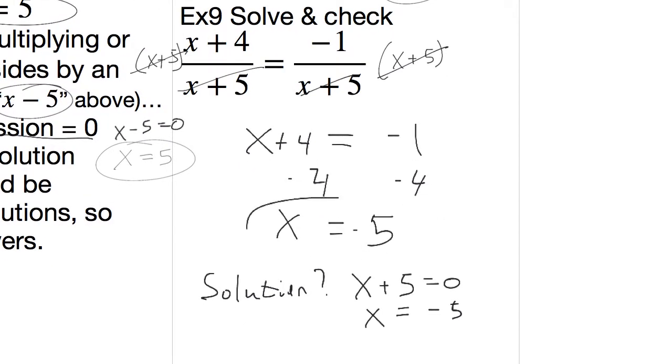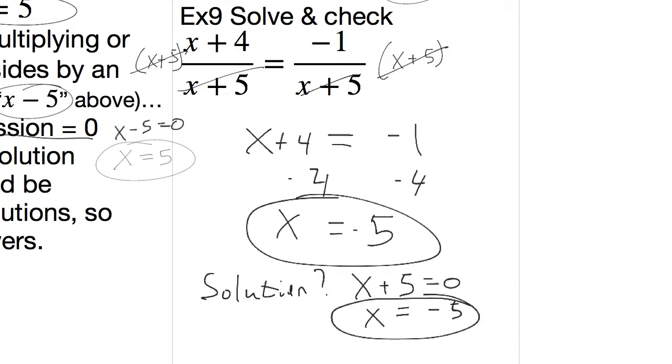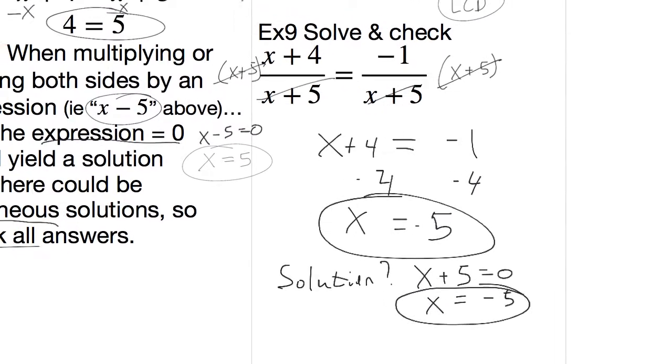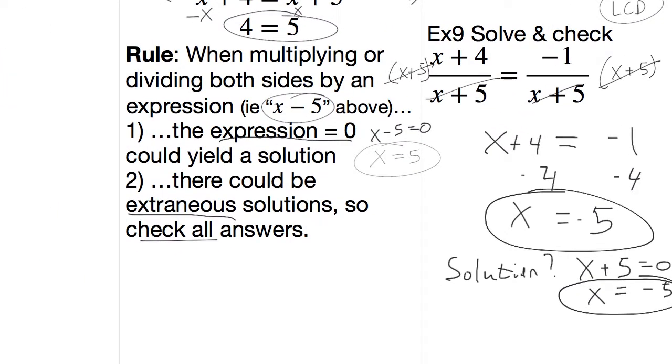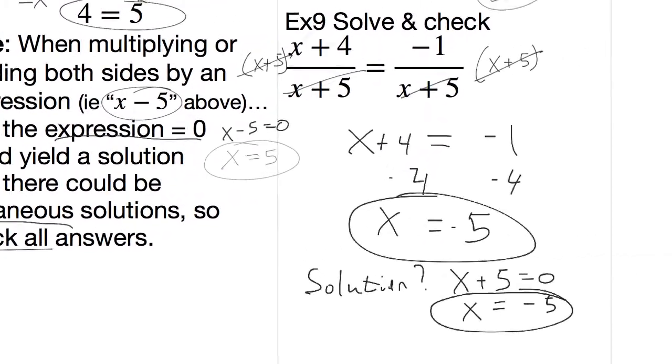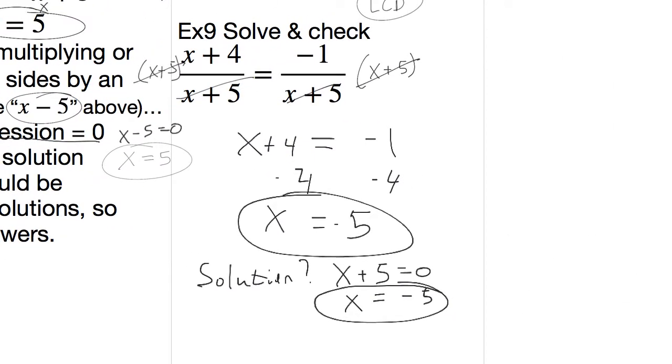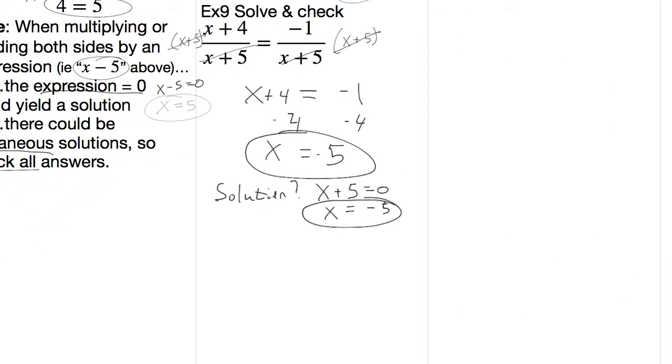So simplifying the expression yields x equals -5 could be an answer, and remembering that when the expression equals 0 could yield a solution as well. So let's check. We've got to check. Let's see, we're checking -5 plus 4 over -5 plus 5.